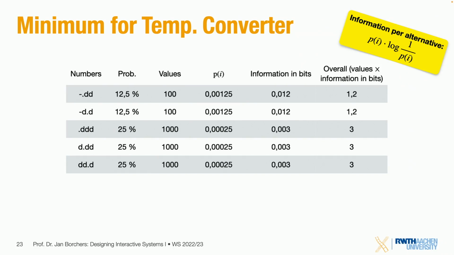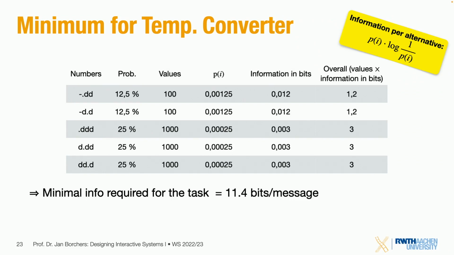So what that means is this tells you the minimal info required for the task, because that is simply adding up these numbers, right? At this point, then I know, okay, so overall, I get to 11.4 bits per message.